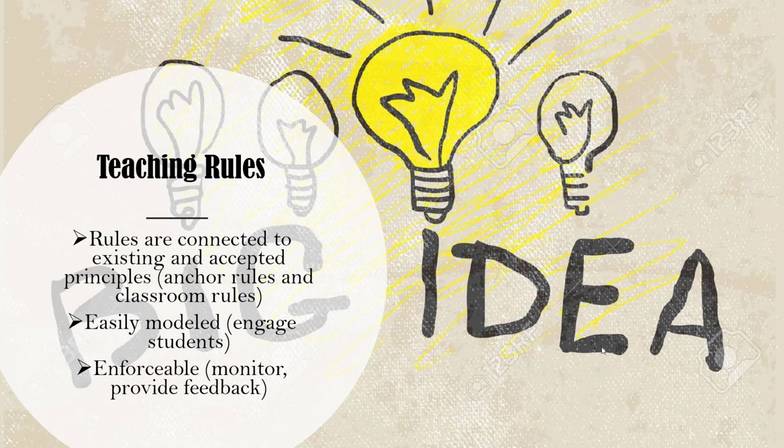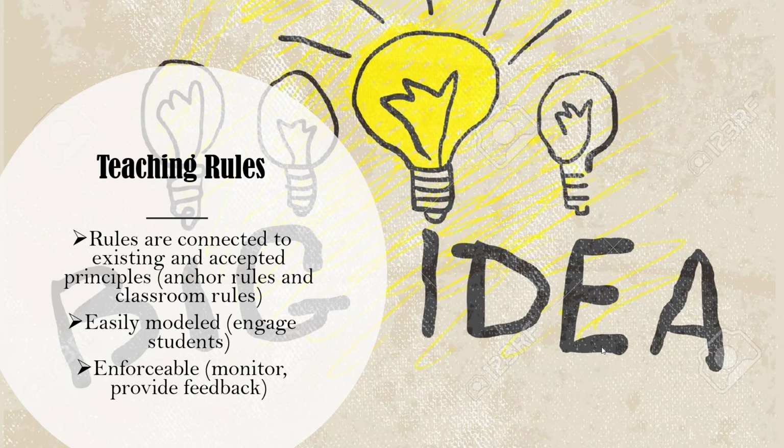So basically, giving the instruction, connecting it to existing principles, modeling it, engaging the students, giving them opportunities to respond and practice, and then measuring the behavior, providing that feedback, and making sure that you can enforce it.